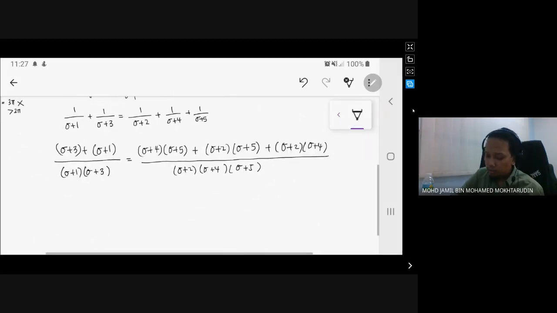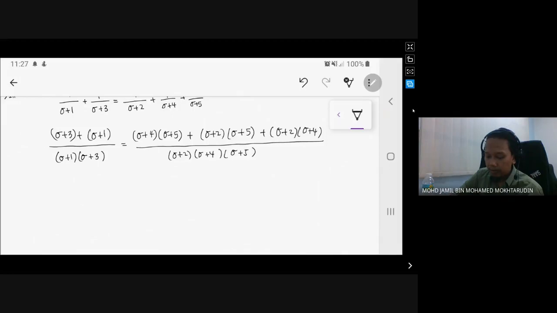Okay, kira slow-slow, nanti pening. Kita simplifykan yang atas dulu. So you get 2 sigma plus 4 times this whole thing.